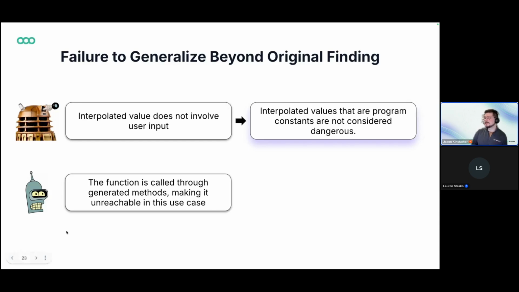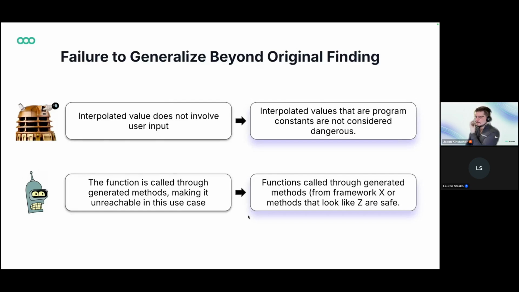The second is this function is called through generated methods, making it unreachable in this use case. Great memory for this use case. But again, how does this memory actually scale our knowledge? So we might actually tell Assistant, yes, functions that are called through generated methods are safe, and we know methods are generated when they are from framework X, so it's some standard function that looks a certain way.